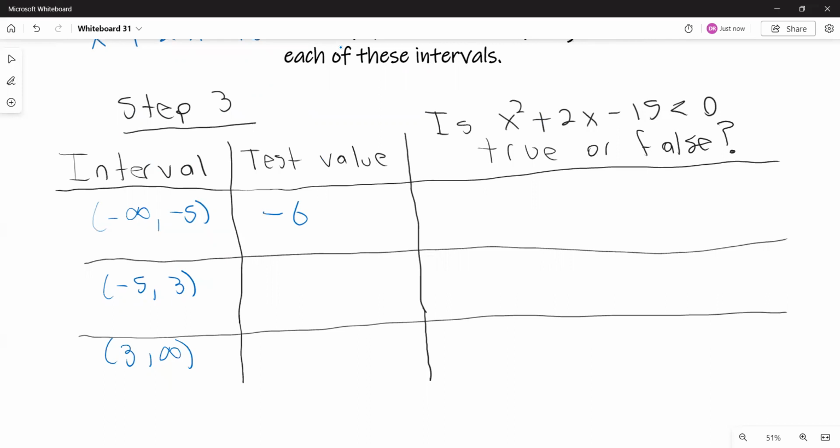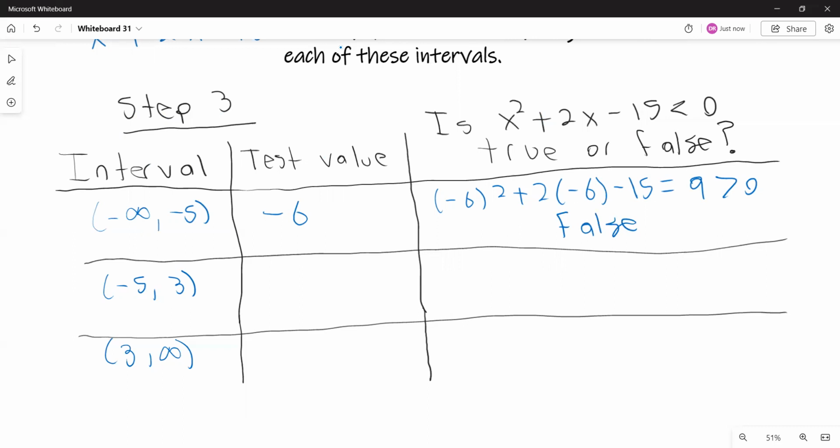So let's plug it into the expression on the left. That is going to be 9. We know that 9 is not less than 0, so this is false.